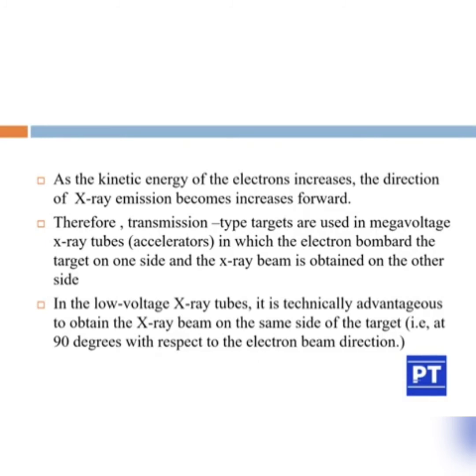These are seen in the radiotherapy department in linear accelerators, in which the electron bombards the target on one side and the X-ray beam is obtained on the other side. In the low voltage X-ray tube, it is technically advantageous to obtain the X-ray beam on the same side of the target, that is at 90 degrees with respect to the electron beam direction.